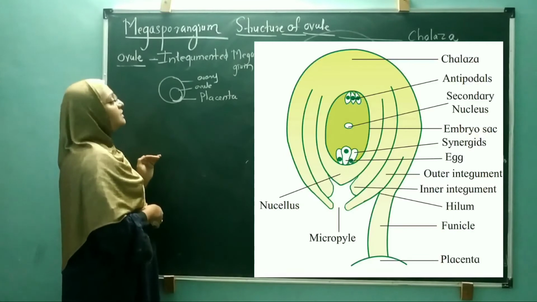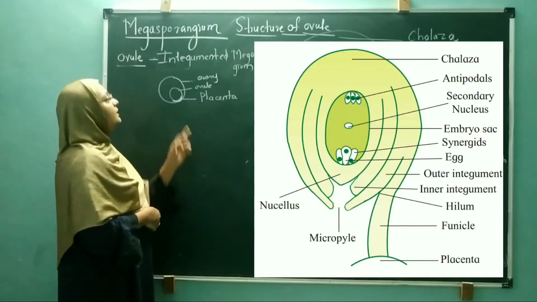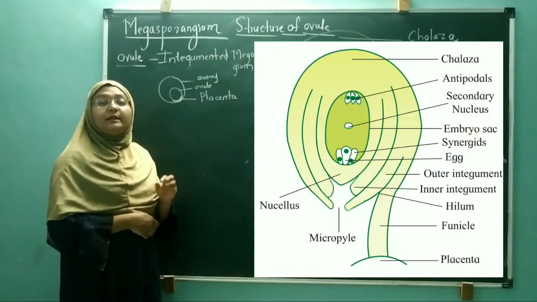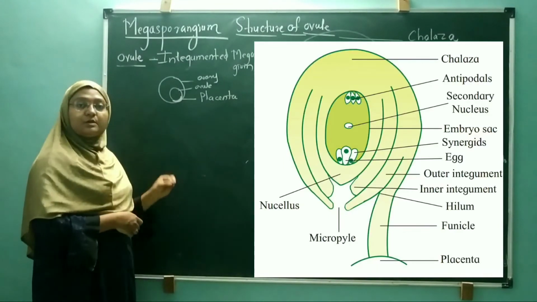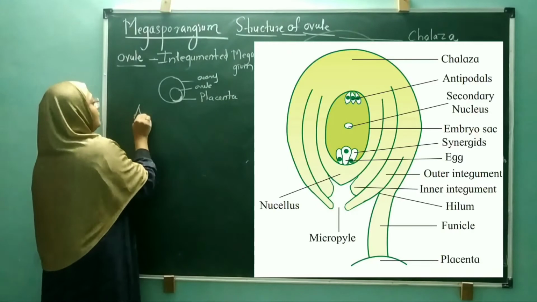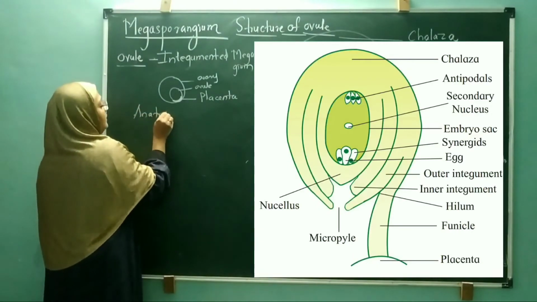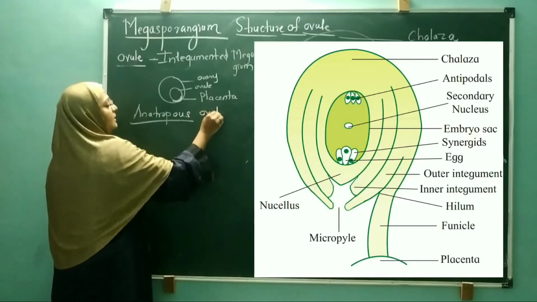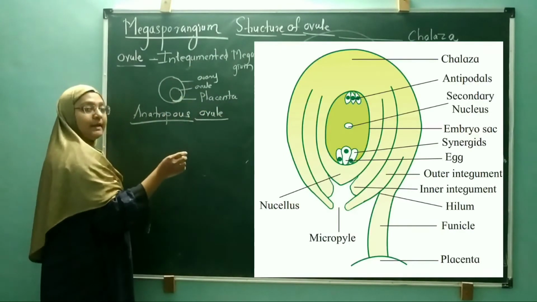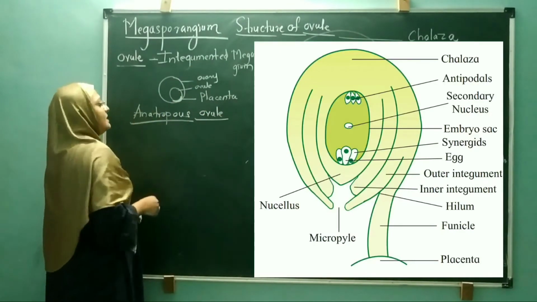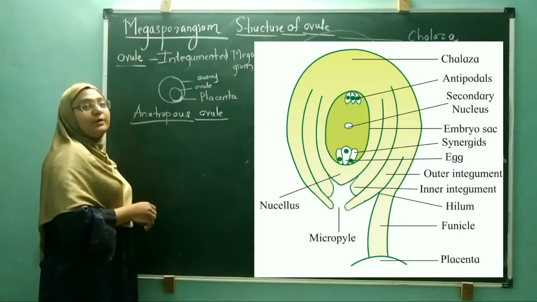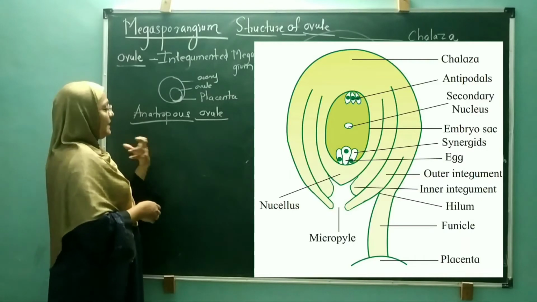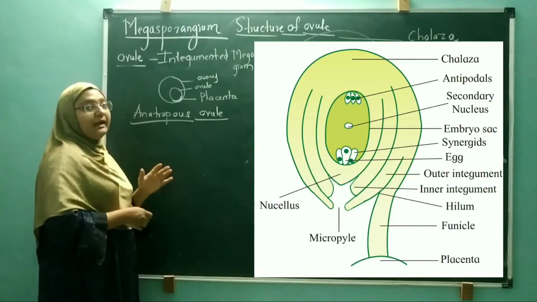If you observe the structure of the ovule, it is the integumented Megasporangium. And here in the angiosperm, most of the ovules are called Anatropous ovules. Though it has two integuments, it is also called an Anatropous ovule. Ana means the opposite one. Later we will discuss why it is called Anatropous.